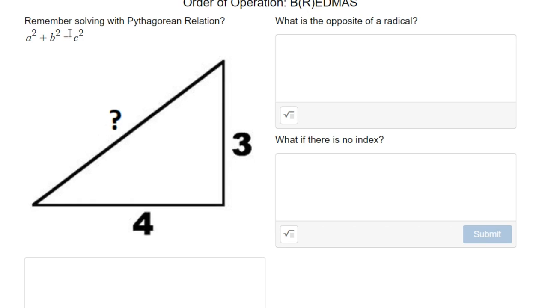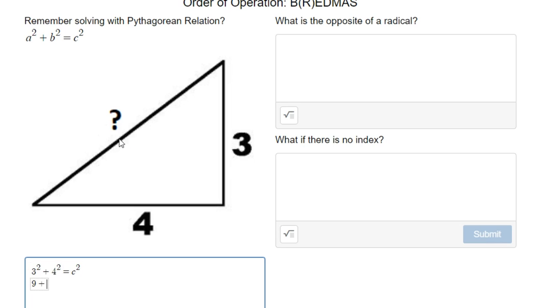So remember when you solved for Pythagorean relation? You had a squared plus b squared is equal to c squared, where c was the hypotenuse. So if I were to type this out, I would have 3 squared plus 4 squared is equal to c squared, where c is the hypotenuse.